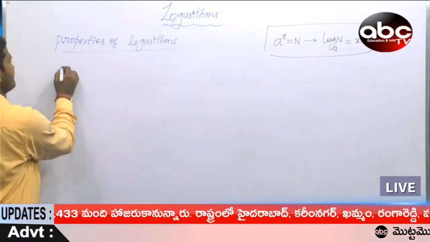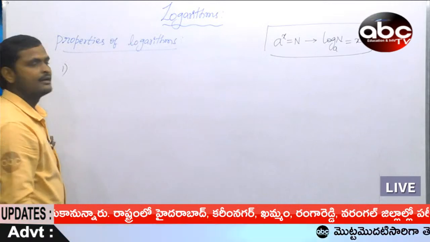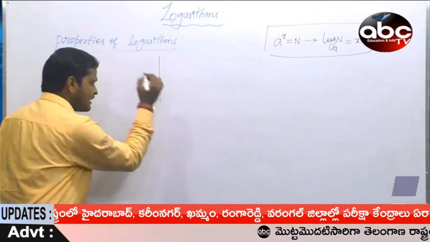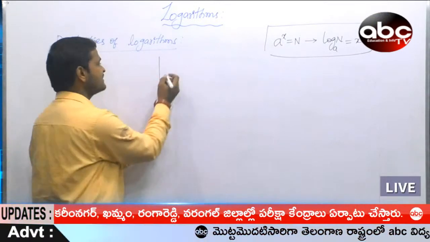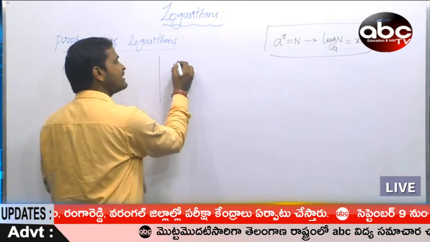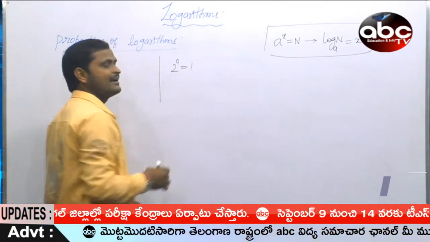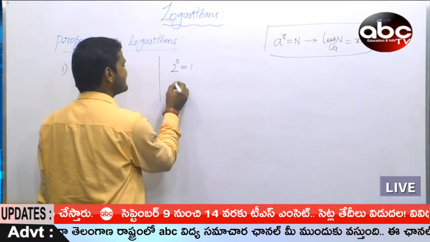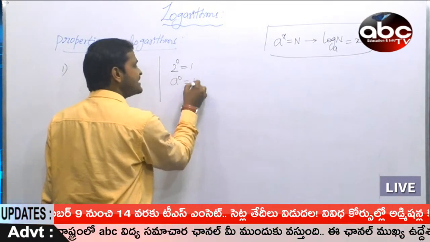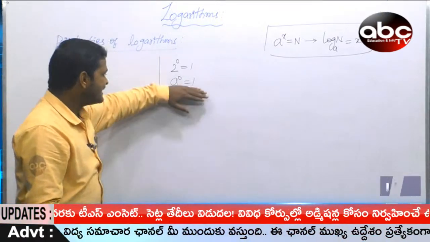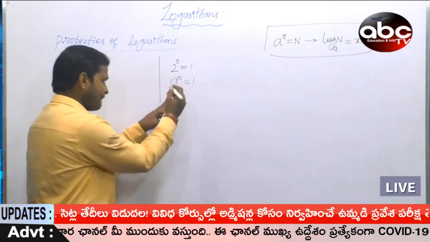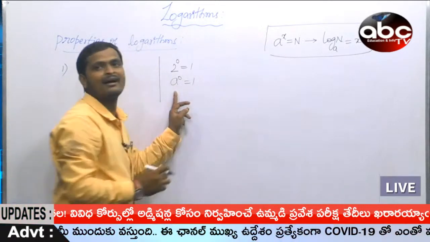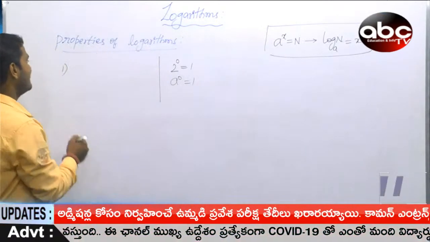In this, the first one, just observe, students: 2 power 0 is equal to what? In laws of exponents, a power 0 is equal to 1. Then it is an exponential form. Then apply this form to log.